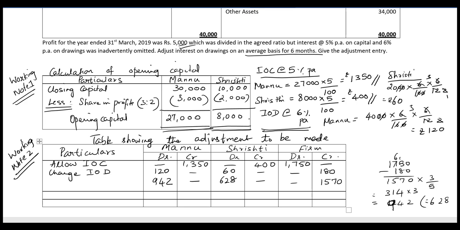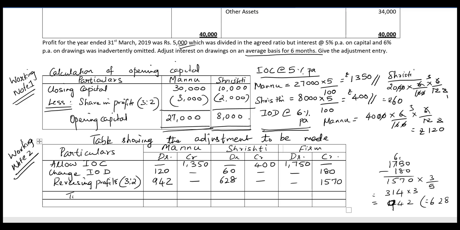And since I have debited the partner and credited the firm, I will write reversing profits. The profit sharing ratio in which I reversed is 3:2.